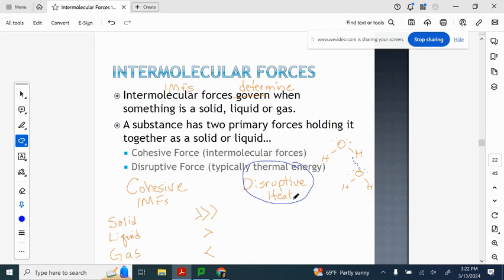It's 0 degrees Celsius. If you're adding heat in, it is going to melt. If you're pulling heat out, it's going to freeze. And that's the difference, what's happening with that disruptive force. Is it going to be removed and your IMFs increase? So that is the break point. The break point right here is that melting or freezing point, depending on what's happening.